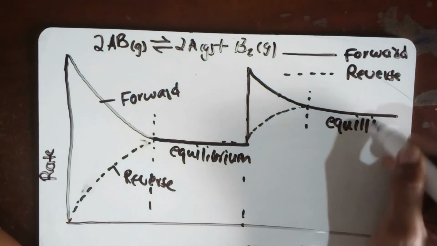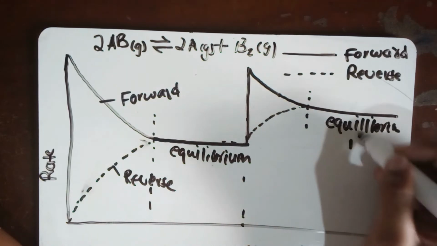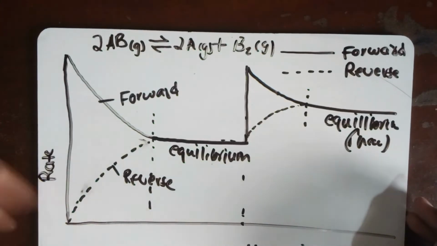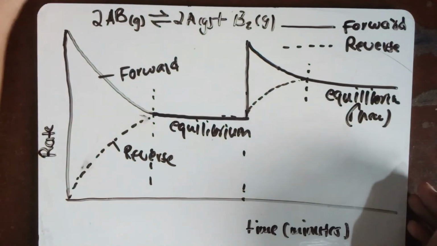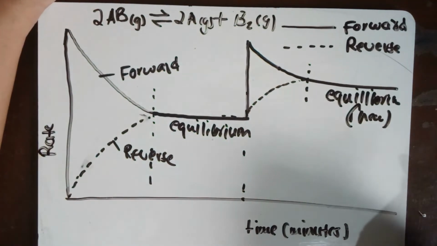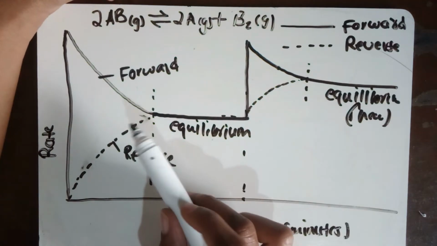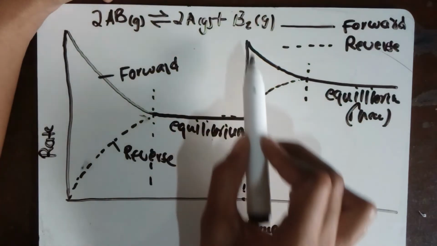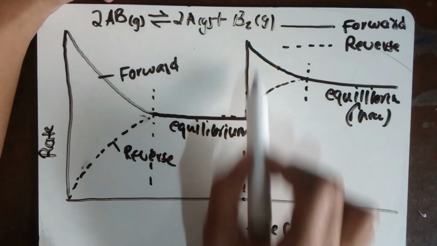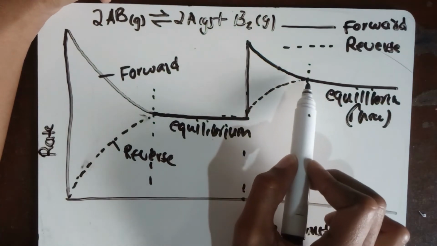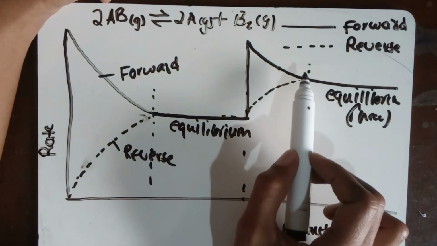So this is the new equilibrium, right? Cool. So we see that both rates are affected in the same way. Both the forward and the reverse reaction are affected in the same way. That is, we had an increase. The forward reaction increased at this time as well as the reverse reaction. You see there it is increasing, right?